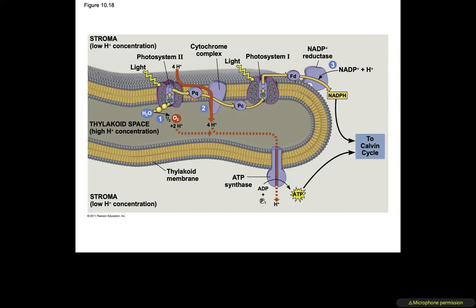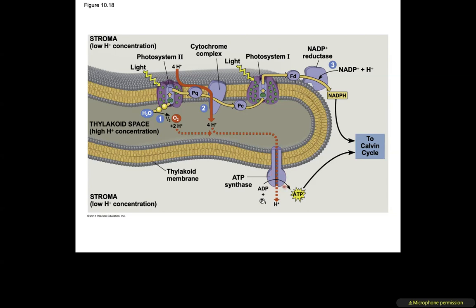All these enzymes together make up the electron transport chain. And then you have this big protein, and it is called photosystem 1. Then you have these enzymes, ferredoxin and NADP plus reductase. And when you look down here, you have the biggest, baddest enzyme of them all, of the electron transport chain, and that is the ATP synthase.